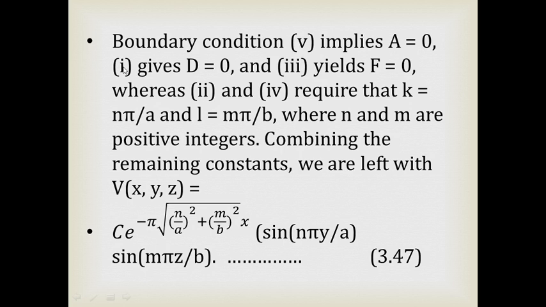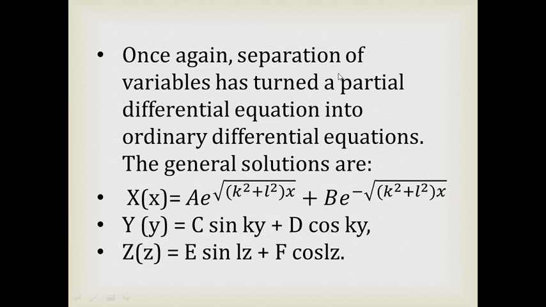Similarly, boundary condition 1 says that at y equal to 0 the potential is 0. This implies that D must be 0. And condition 3 says that at z equal to 0 the potential must be 0, because that is given. So this yields that F must be 0. This way, these three coefficients A, D and F from our previous example have to be 0.